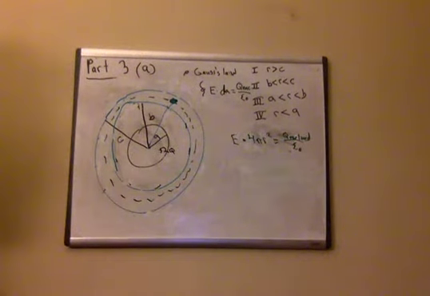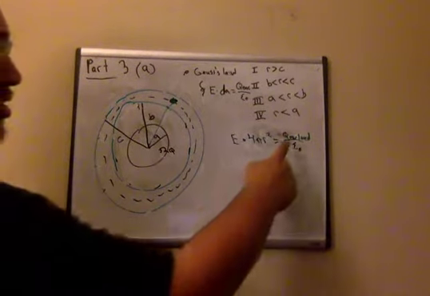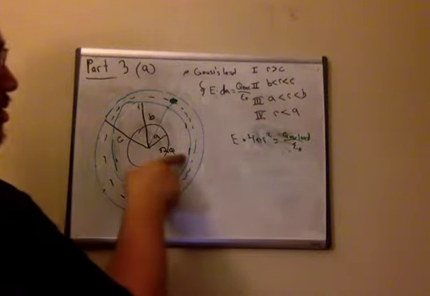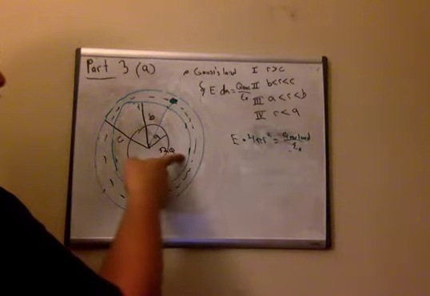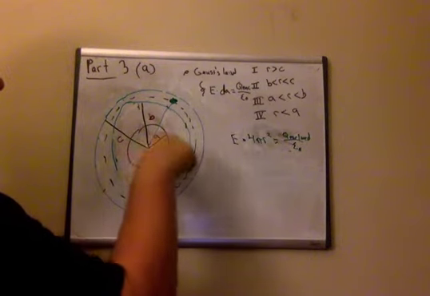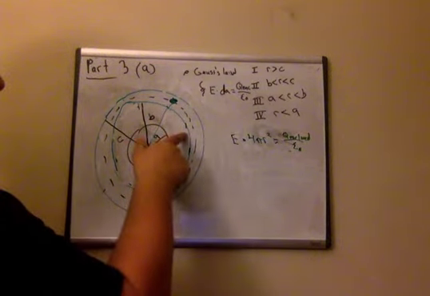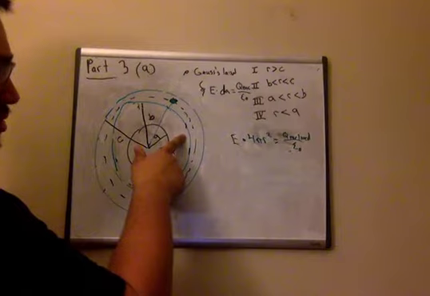Well, what is the charge enclosed? Remember, because of this +2q, there's -2q on the inside surface of the outer shell.